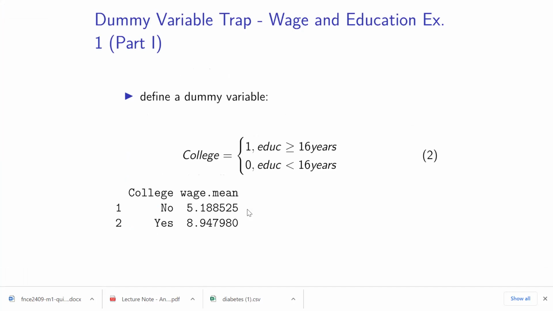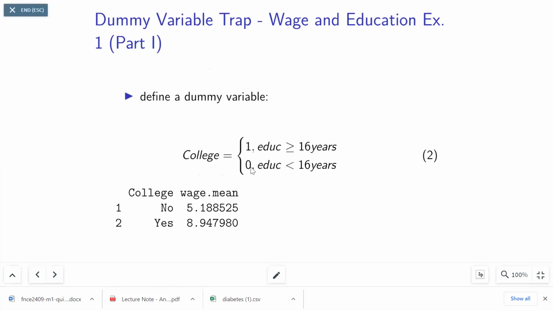Let's look at the wage example again. In this case, I want to examine whether having a college degree can be used to explain the variation in wages. I created a college dummy that is equal to 1 if a person has received 16 years of education or more. This subcategory is labeled college yes.